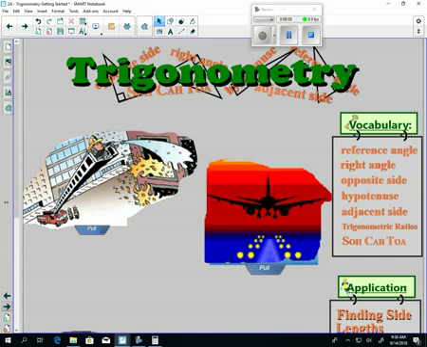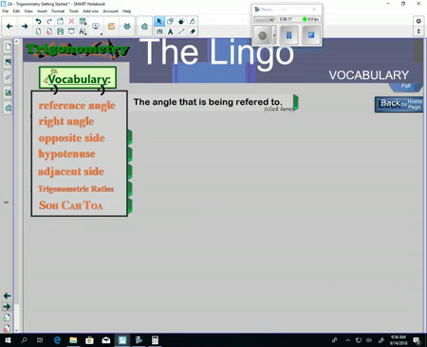So let's look at some of these examples of trig. You've worked them in the past in the language that we use. The reference angle. Whenever we're working with triangles, we know that we have three angles. One of them is 90 degrees.